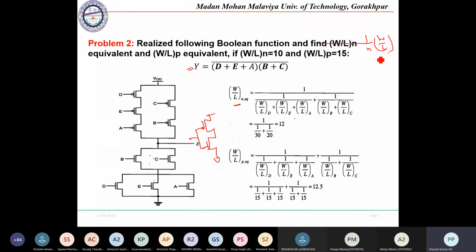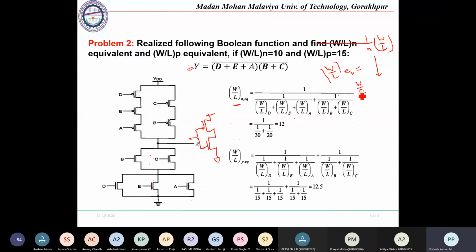Similarly in this case, the W by L equivalent will be equal to 1 upon whatever equivalent in the case of parallel, plus the second one, the first one and the second one. So in that case this could be simplified like it is in the case of two transistors.